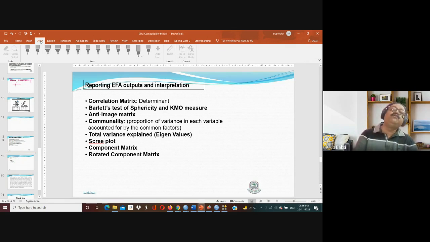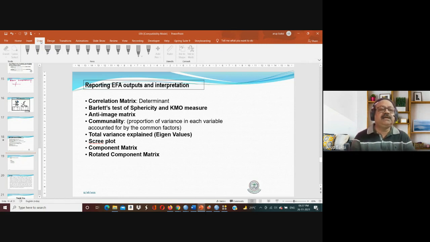And if you move one step forward, as I have told you, to take the CFA into a structural equation kind of thing, you can go for the structural equation model. There also you will find a number of things that can be represented, including the structural equation model itself in the form of graphical plotting.